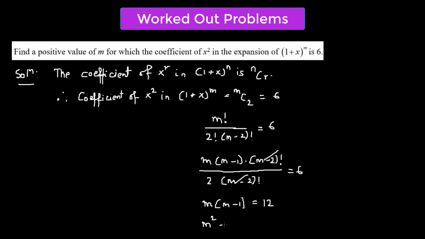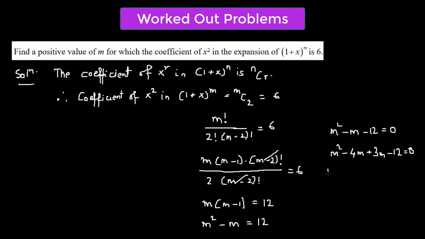Then we solve for the value of m, and that should give us m squared minus m minus 12 equals 0. So we split the middle term. We have 4 and 3, which are the factors of 12. So we can write the middle term minus m as minus 4m plus 3m, minus 12 equals 0.